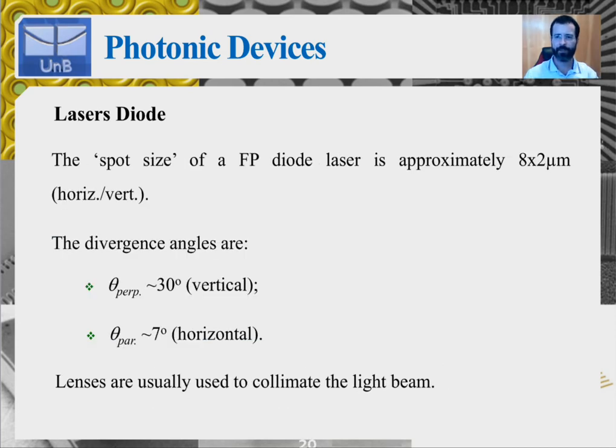But another important aspect of Fabry-Perot lasers is related to the divergence angle, right? We know that the spot size of a typical Fabry-Perot diode laser is approximately 8 by 2 micrometers.